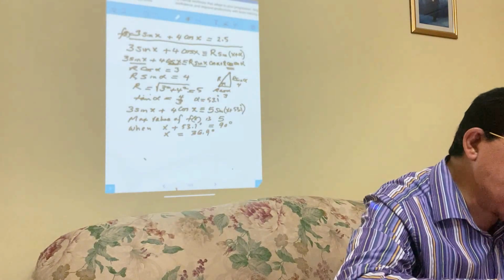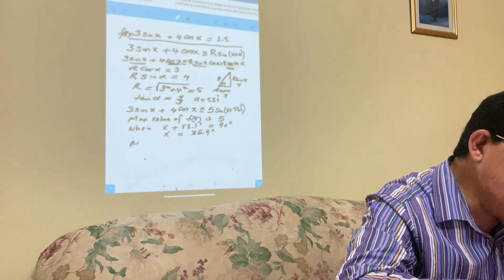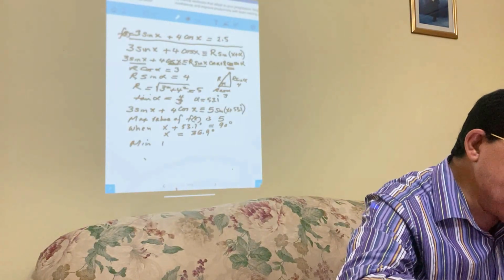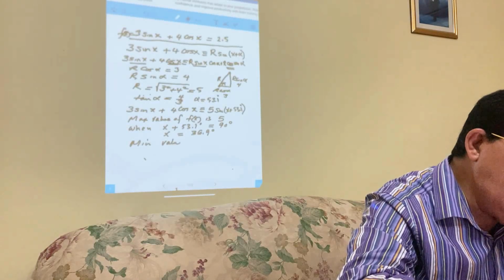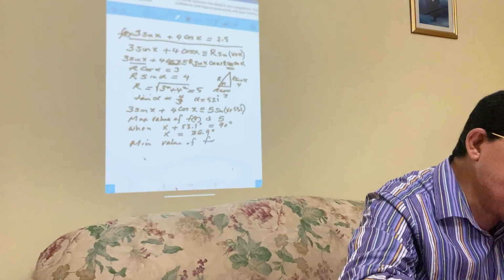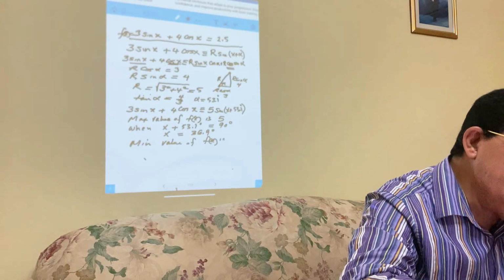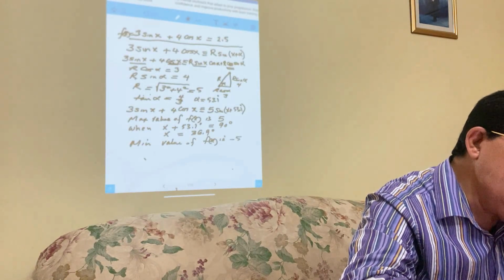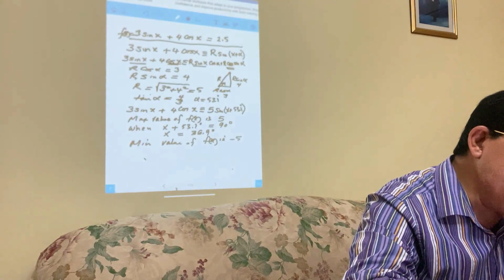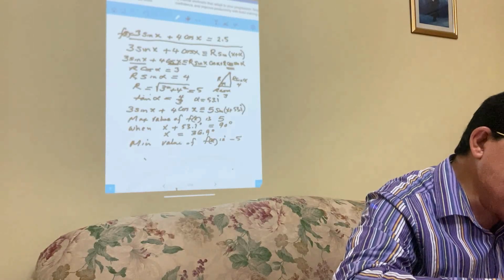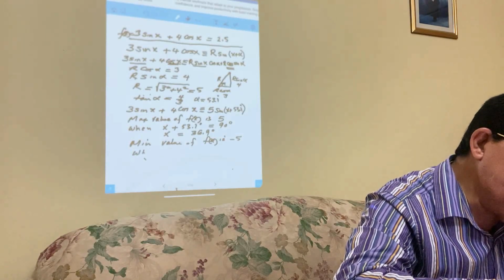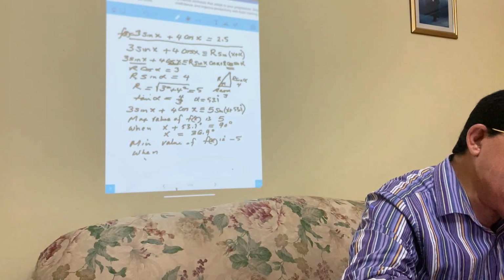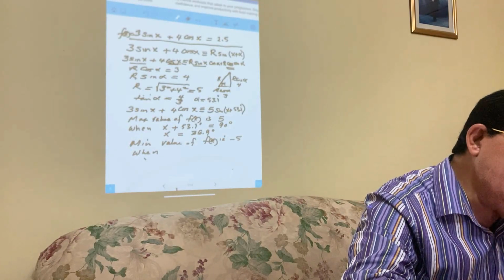And if we're asked what is the minimum value of f of x, we say it is negative 5, because sine can be negative 1. When does this happen? When is the sine negative 1?